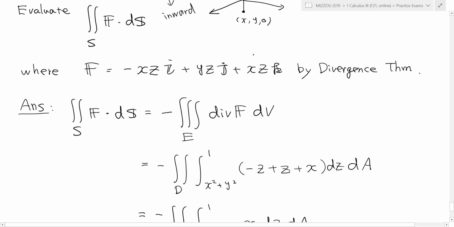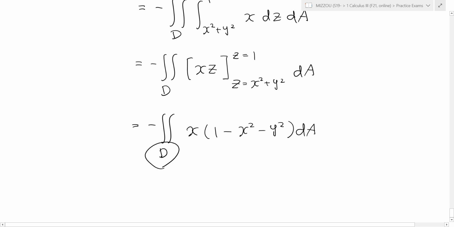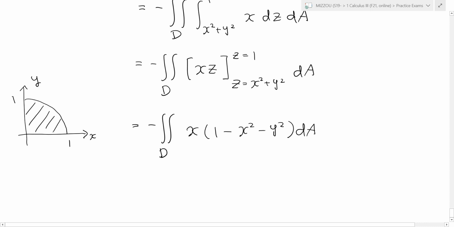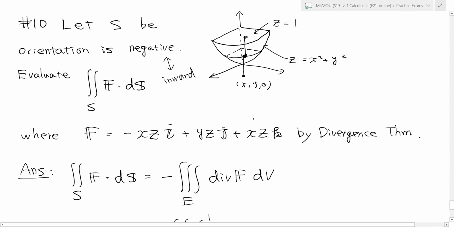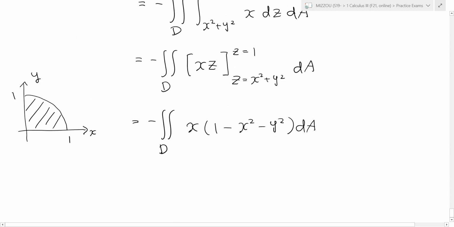Let me write it down. The shadow is D, and it looks like this, x, y, like this. Now what's the radius? The radius is 1. The reason is that if z is equal to 1, you plug in here, and x squared plus y squared is equal to 1. So it's just a circle like this.